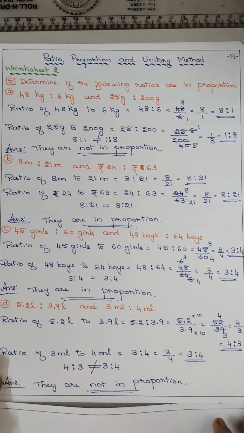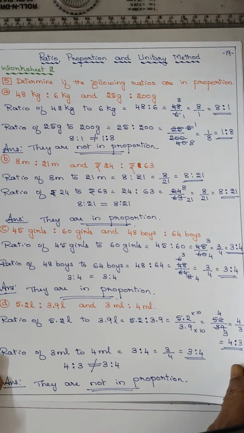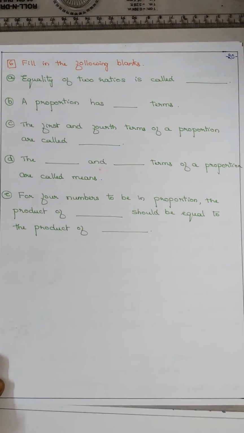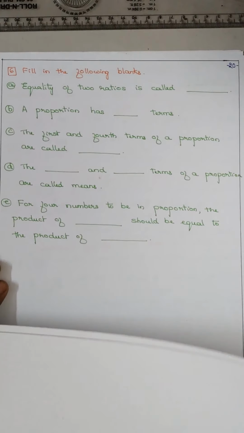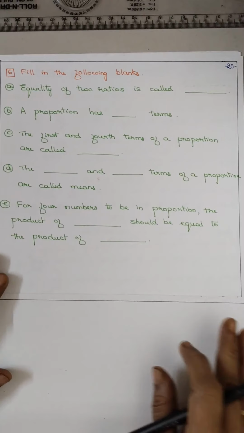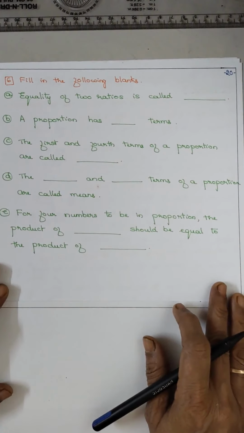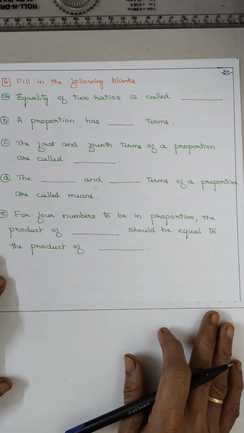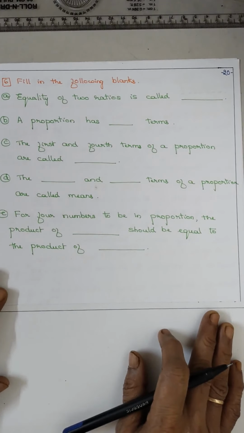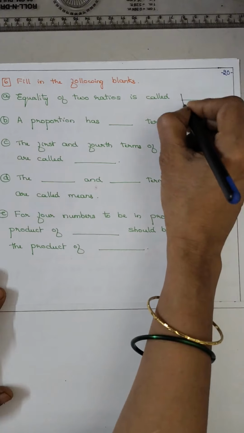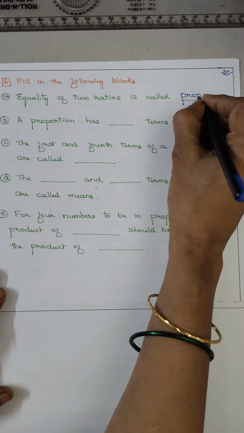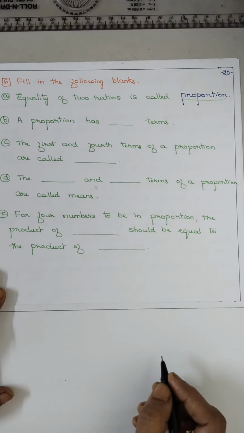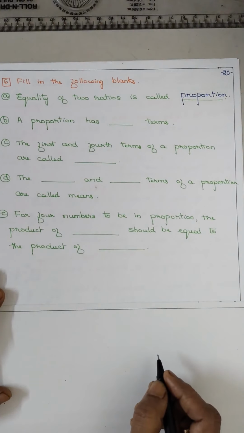Is it okay? Now coming to the sixth sum. It is fill in the blanks. Equality of two ratios, what is it called? There are two ratios. If they are equal, as we did in the fifth sum, what do we call it? It is called proportion. If the two ratios are equal, then we say they are in proportion.